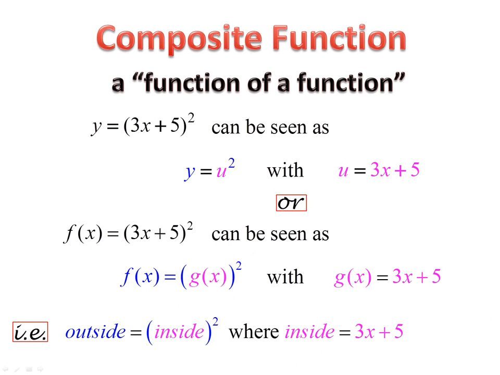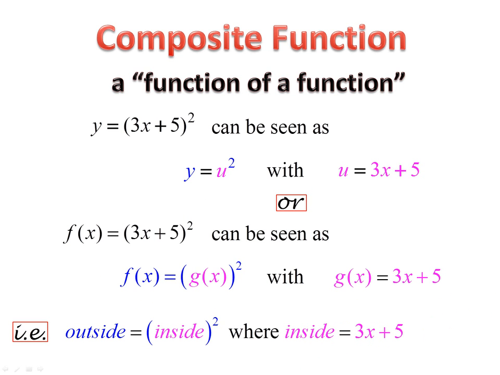In other words, the outside equals the inside squared, where we look at 3x plus 5 as the inside, and the outside being something squared. Outside equals inside squared, where inside equals 3x plus 5.